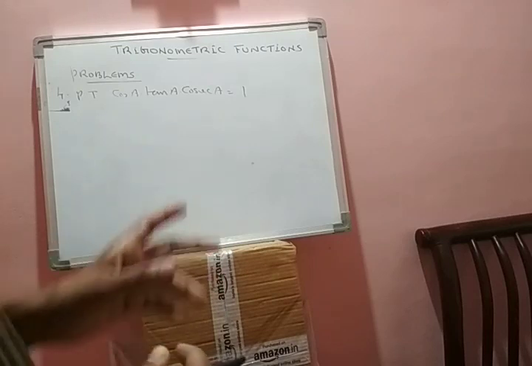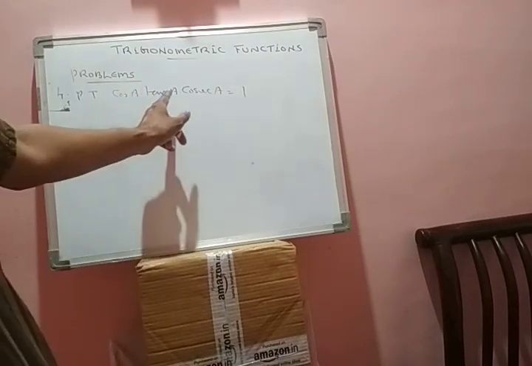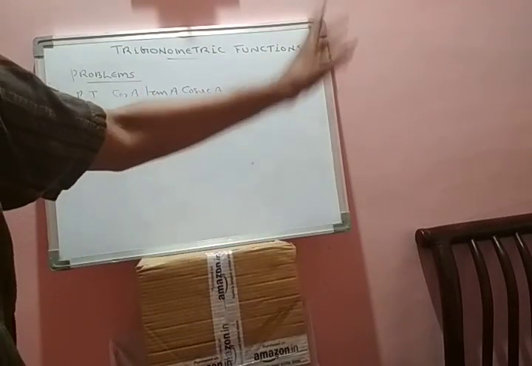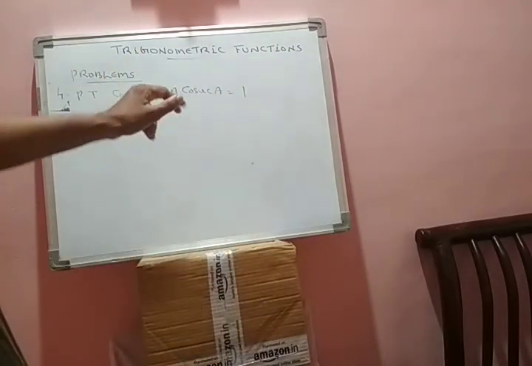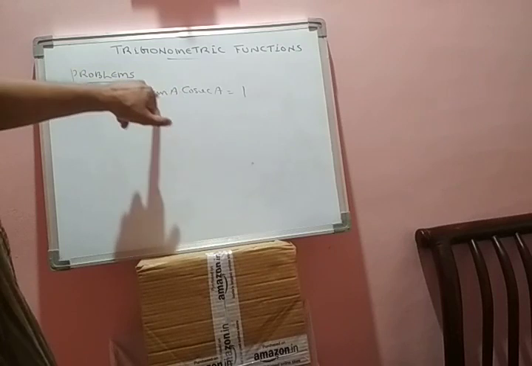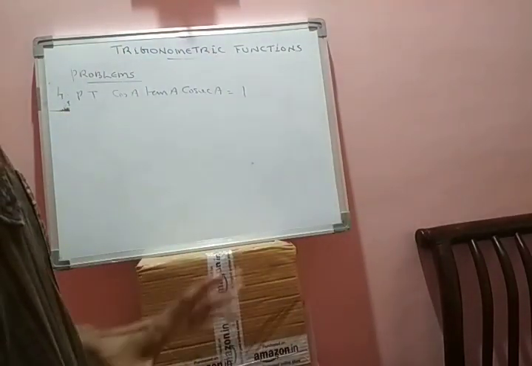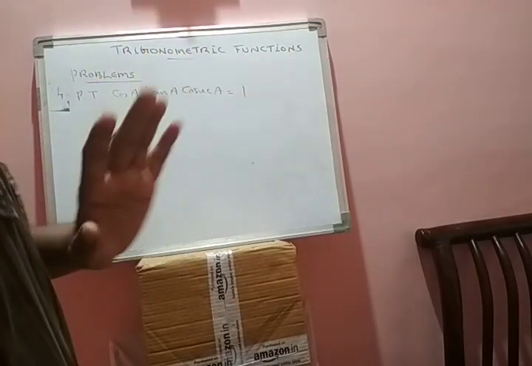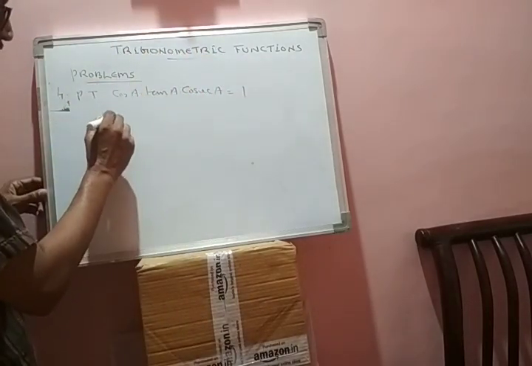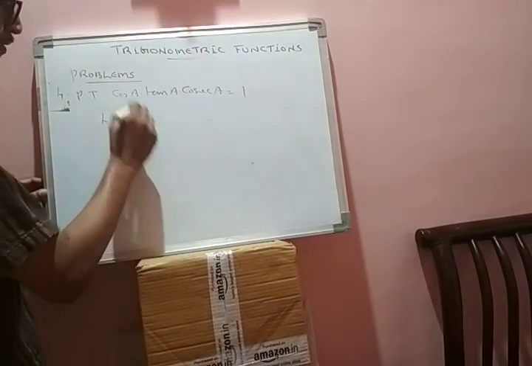Fourth problem, prove that cos A tan A cosec A is equal to 1. Use the fundamental results of trigonometry. First result, we replace tan A by sin A by cos A, and replace cosec A. Cosec A is 1 by sin A. So left hand side is equal to cos A, not changed.